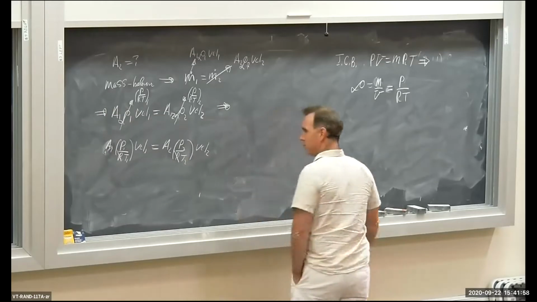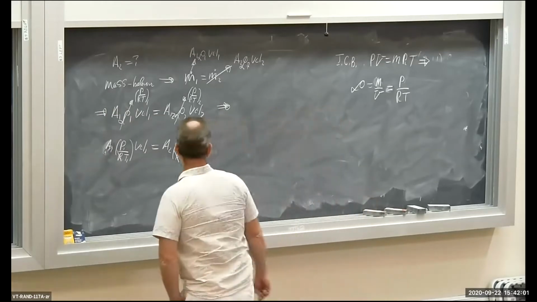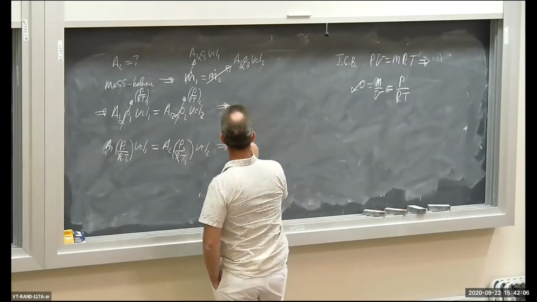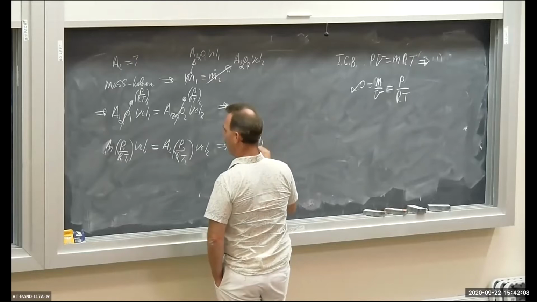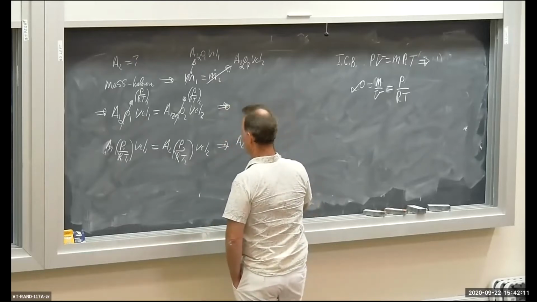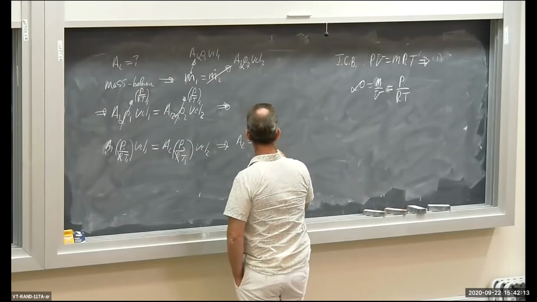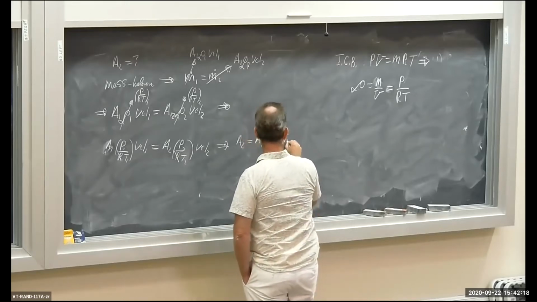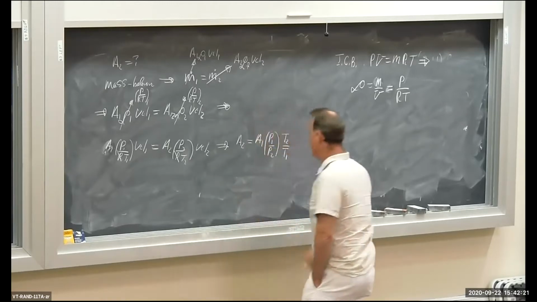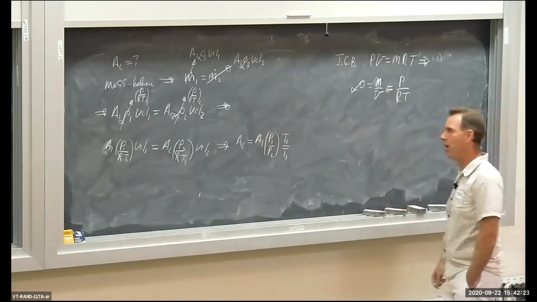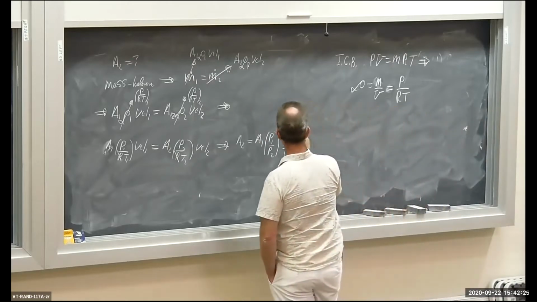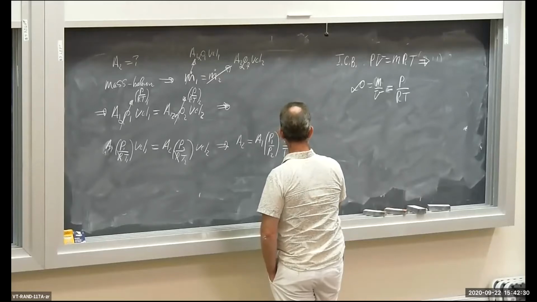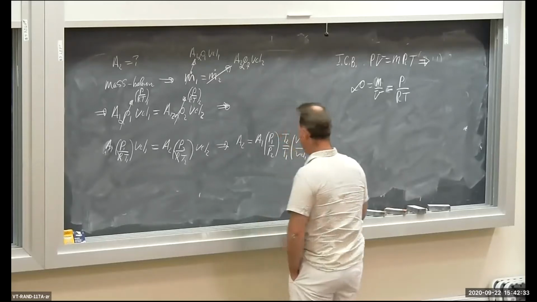That's nice. With a little bit of algebra, let's solve for area 2. Area 2 is equal to area 1 times P1 over P2, times T2 over T1, times the inlet velocity divided by the outlet velocity.